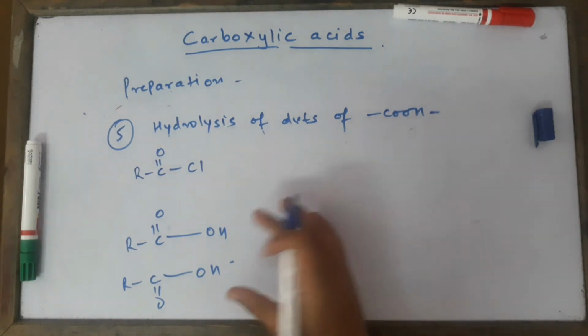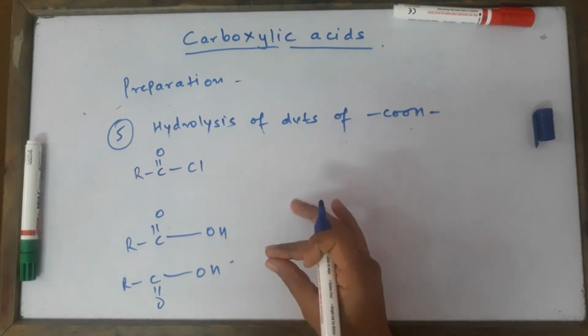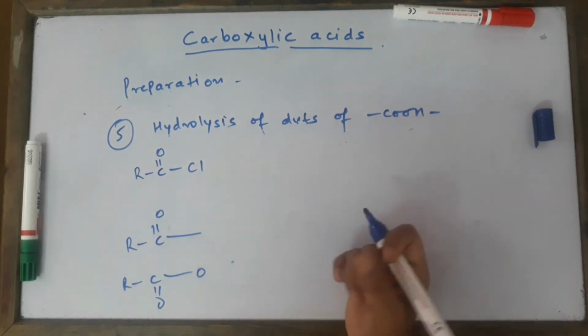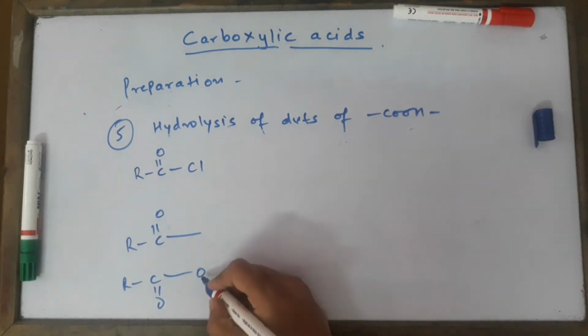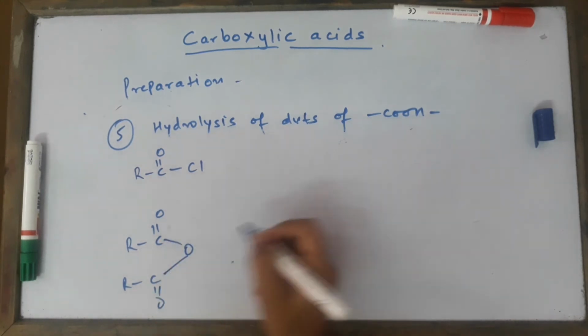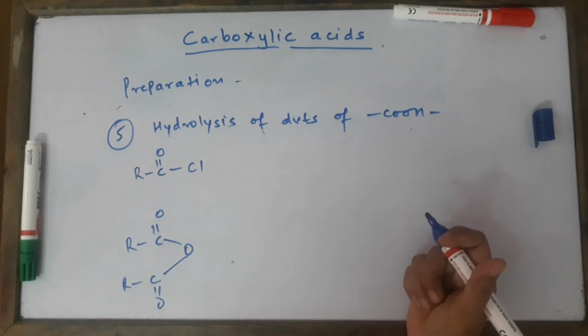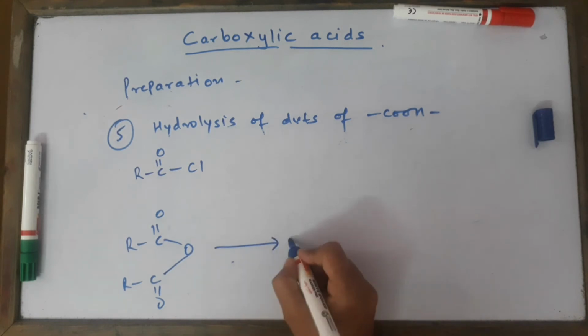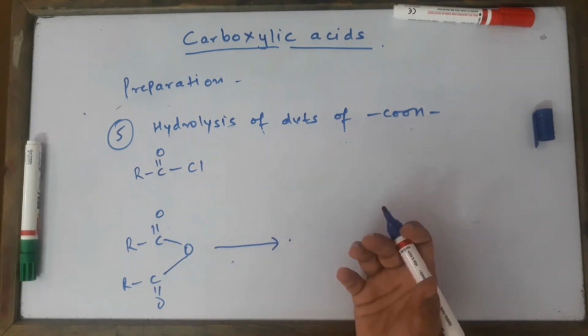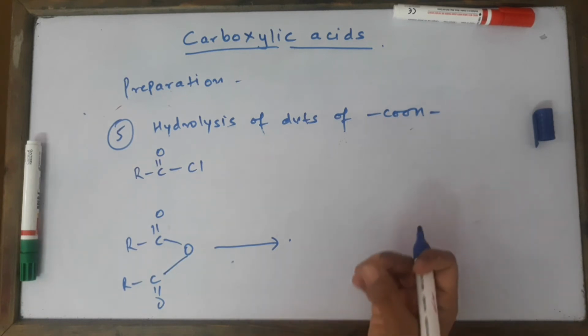Two carboxylic acids, when they condense together, remove water like this. What is left? Oxygen is left. Just connect it now. So when two carboxylic acids react with each other in the presence of a dehydrating agent like concentrated H2SO4 or P2O5, that is phosphorus pentoxide, they will form anhydrides.